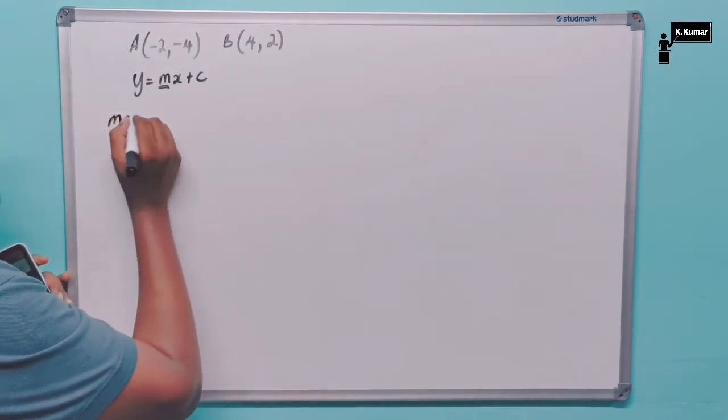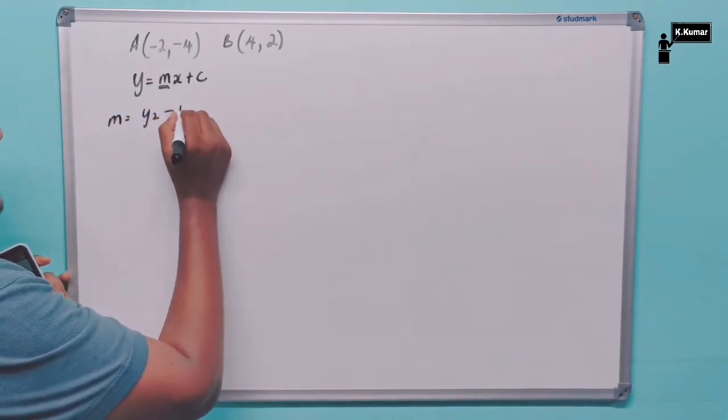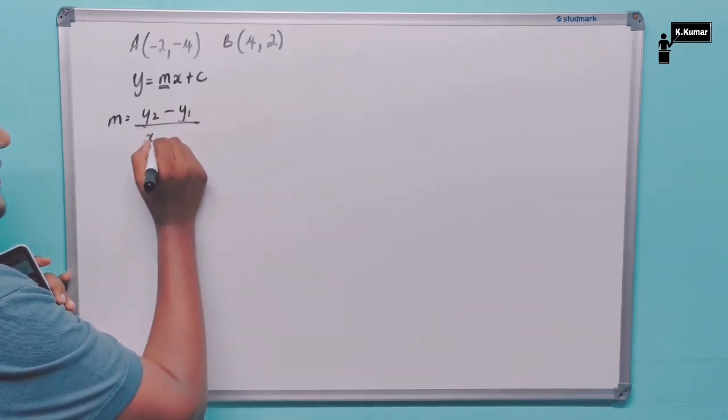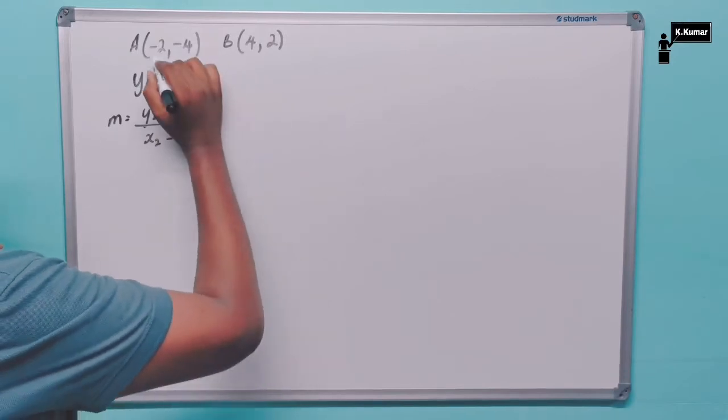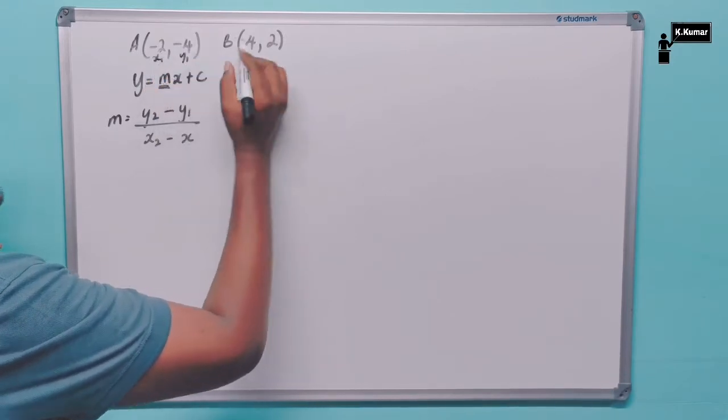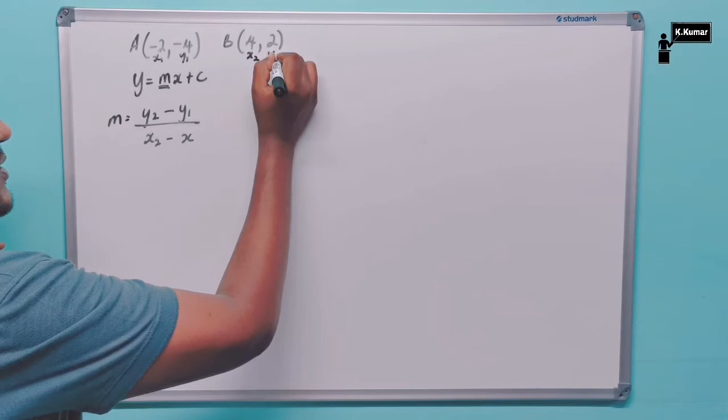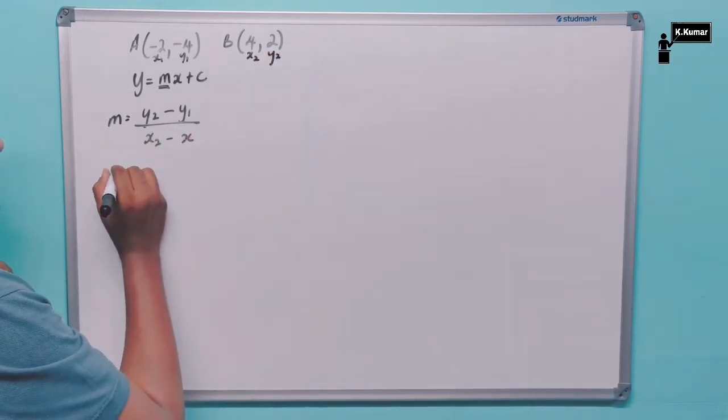So m is equal to (y2 minus y1) divided by (x2 minus x1). And just to mark off our points, this is x1, y1, x2, y2. Let's put in our values.